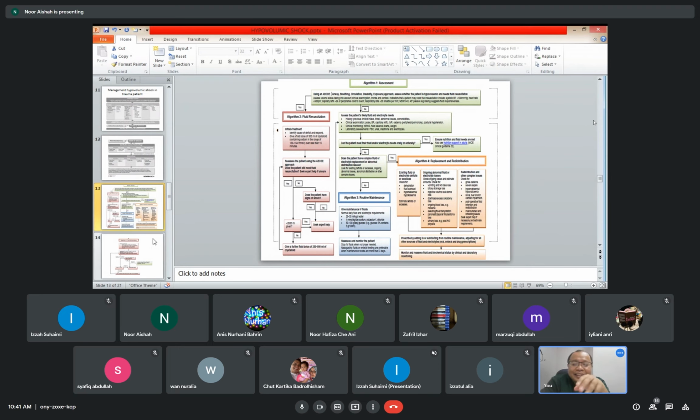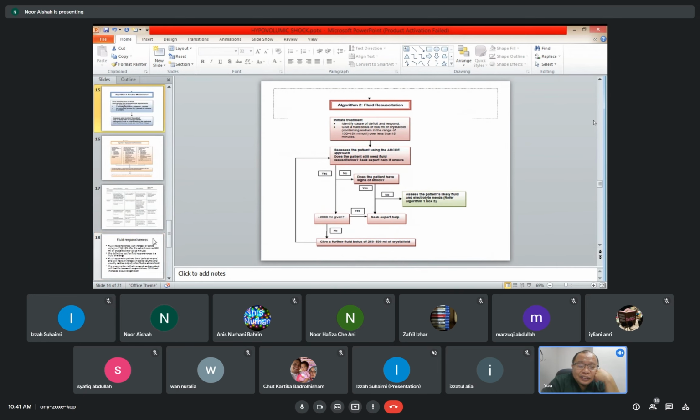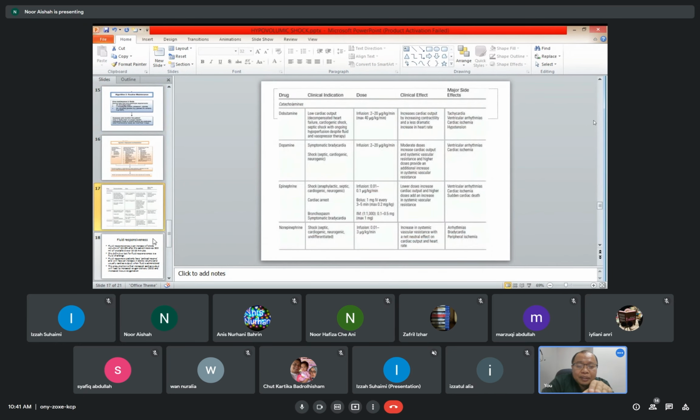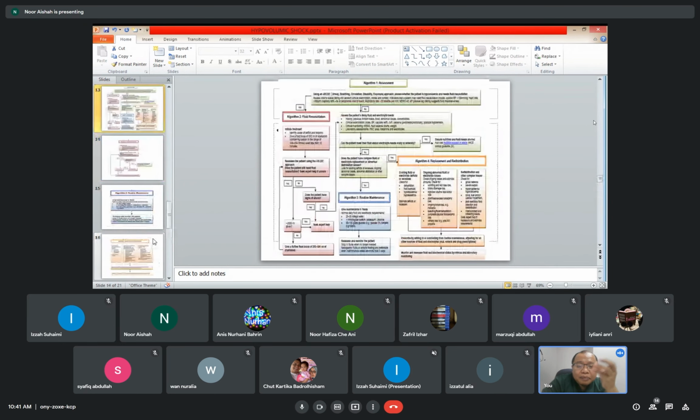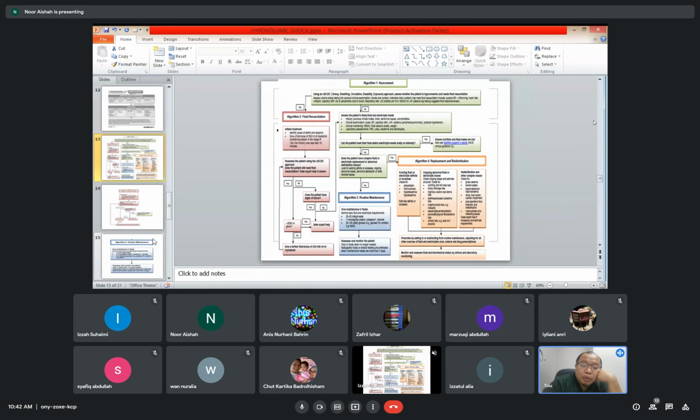So macam nampak melompat sikit lah cerita tu. So kena careful sikit. Yang macam slide warna-warni ni dia macam in general hypovolemic shock. So kadang-kadang it's easier or less confusing kalau awak separatekan trauma dengan non-trauma bila bercerita pasal hypovolemic shock. Baru dia clear sikit.